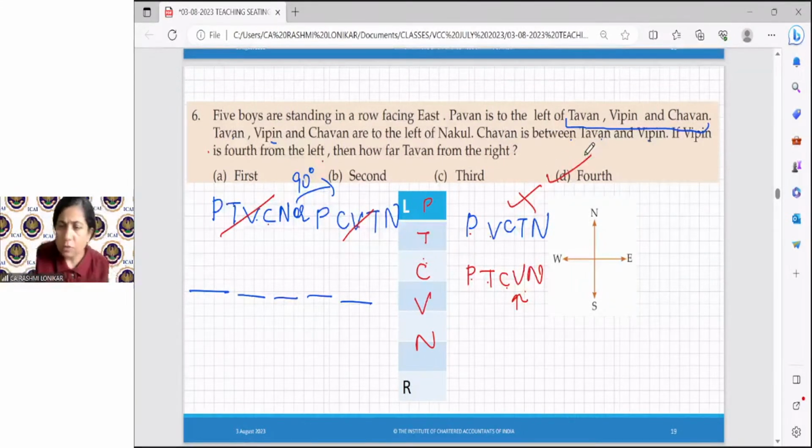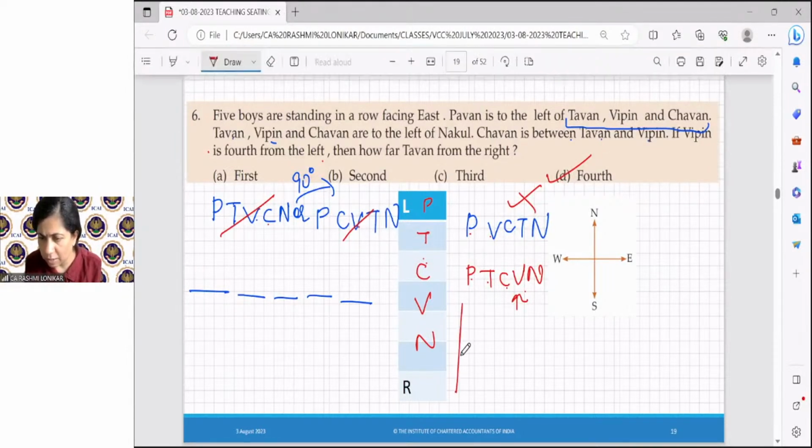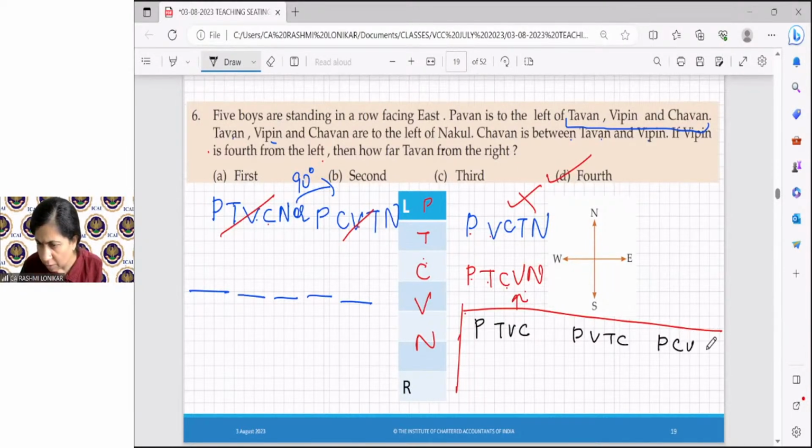Okay. So you have to take everything. What are the possibilities? I'll just explain here again. Pavan is to the left of Tavan, Vipin, Chauhan. So you may have Pavan, Tavan, Vipin, Chauhan. You may have Pavan, Vipin, Tavan, Chauhan. You may have Pavan, Chauhan, Vipin, Tavan.